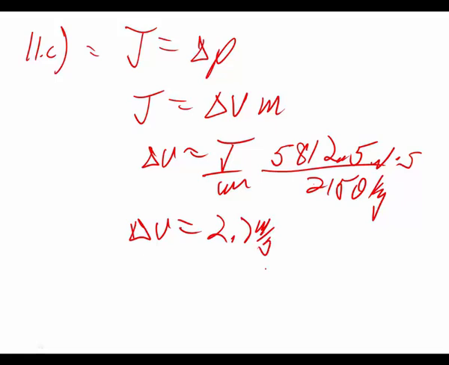Now again, assuming constant mass. Now how do you get that from Newton seconds? Come on now, we can't forget this right here. Meters per second squared. Kilograms cancel out. That cancels, and you're left with meters per second.